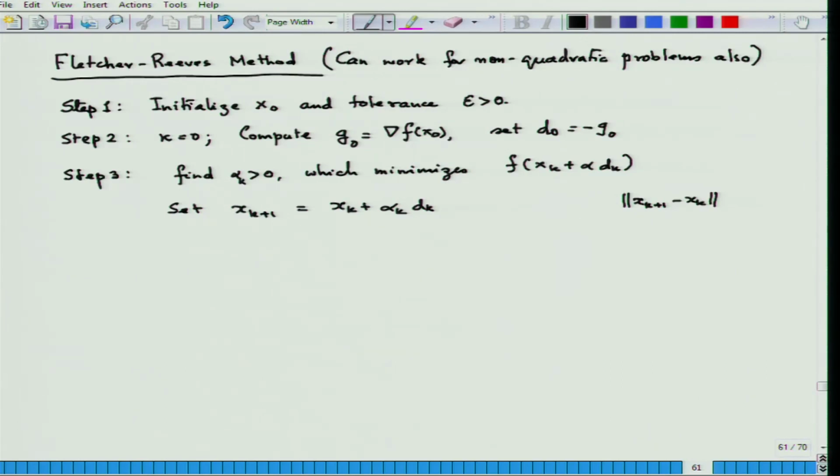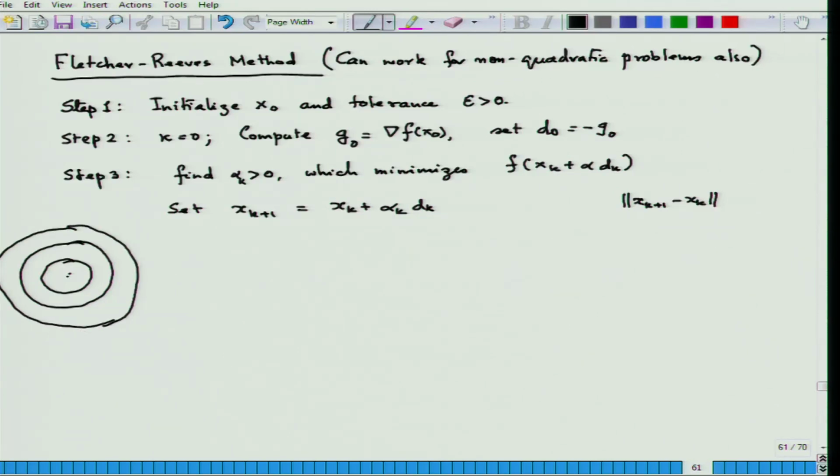Like if you had thought about steepest descent, there were these level curves. Level curve means these are the function values f(x, y) equal to c, because we are in a 2 dimensional setup, you can see it very well.